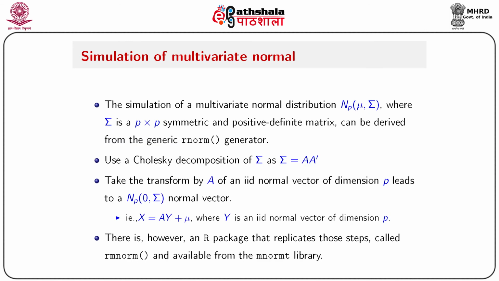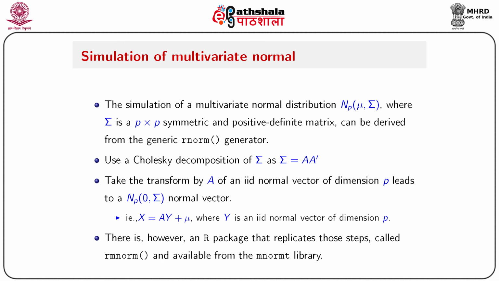Now we'll see another case study, multivariate normal simulation based on the univariate rnorm function. First we'll see the basic concept. The simulation of a multivariate normal distribution, say normal P(mu, sigma), where sigma is a P by P symmetric and positive definite matrix, can be derived from the generic rnorm generator.